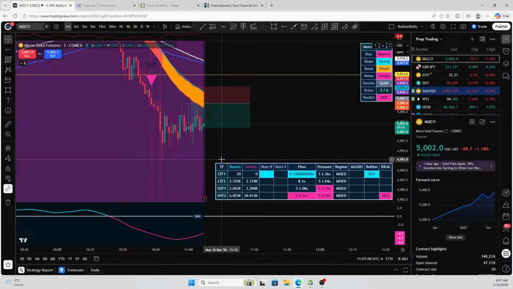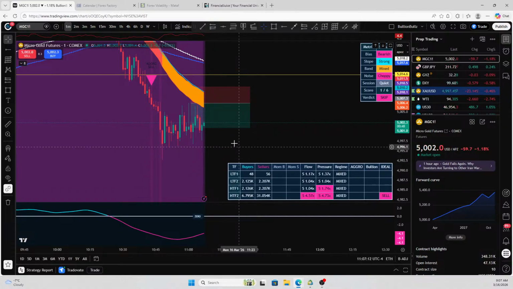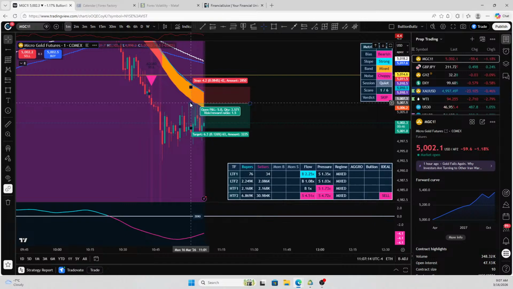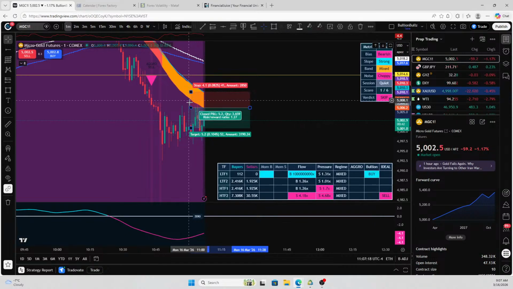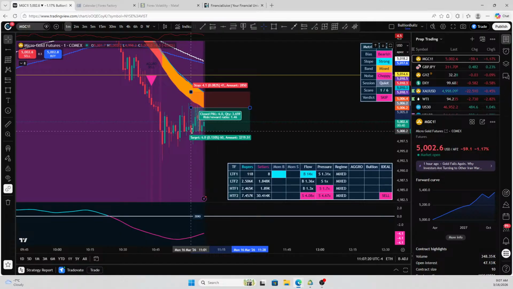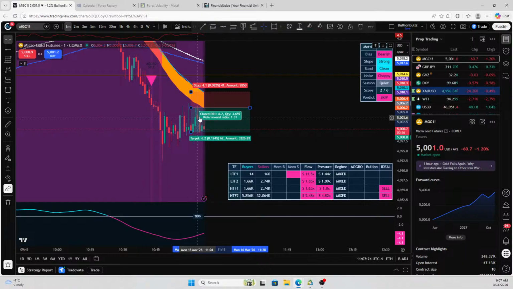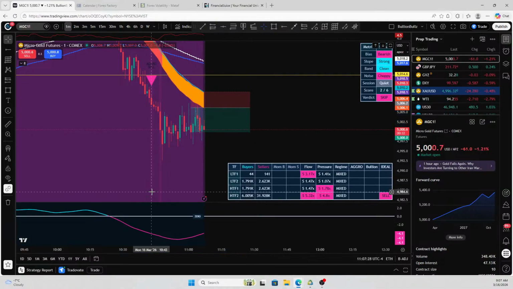Let's see, guys, what happens. This would be a very, very good opportunity to see how this plays out. The band is right here. Stop goes right above the band, and we target a minimum 1:1.5. All we want to see is price touching the band and then reversing down. That's all we want to see.